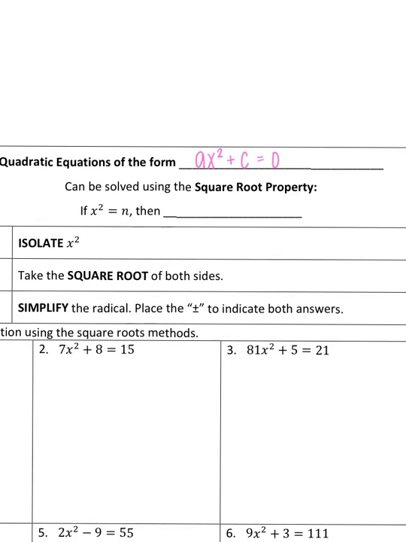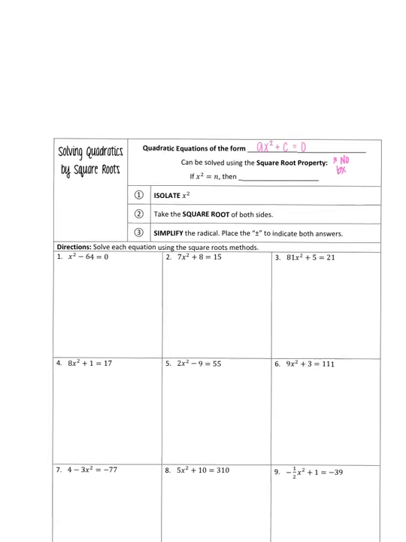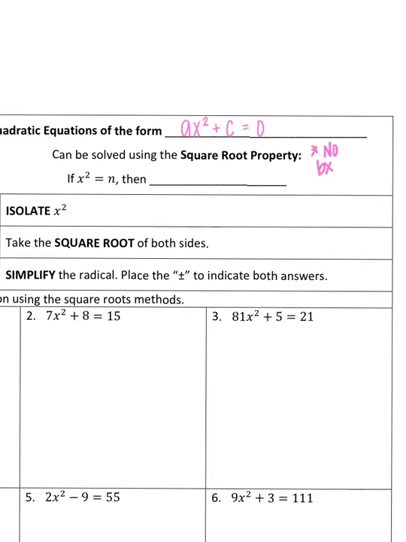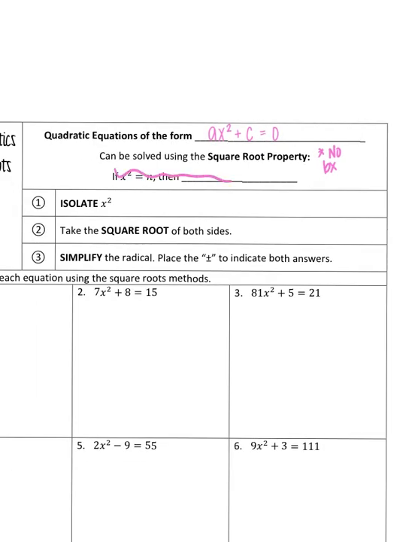What you need to notice here is that there is no bx, meaning there's never going to be an x by itself. We cannot solve a quadratic by using square roots if there is an x in our equation. We would solve that by factoring, so we're just going to skip that part.